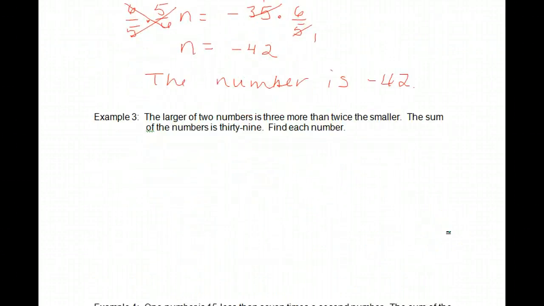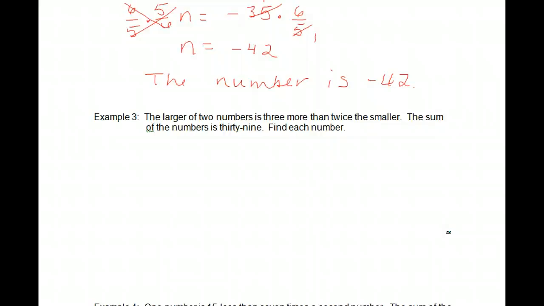Example 3 is an example where we will be finding two missing numbers. It says the larger of two numbers is 3 more than twice the smaller. The sum of the numbers is 39.